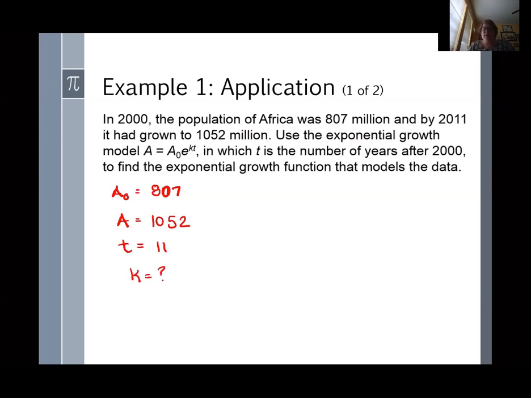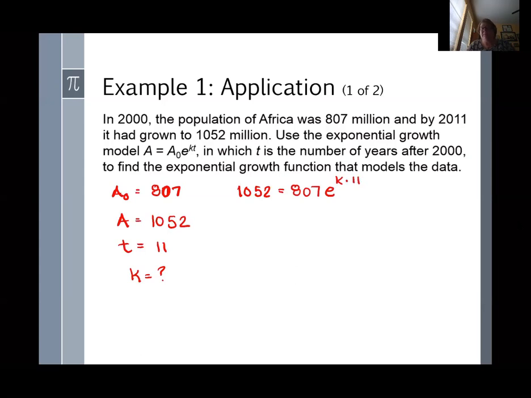So what we don't know is k. But I can substitute A sub 0, A, and t into my exponential growth model, and I can determine the growth constant, k. So let's do that. So we have 1052 equals A sub 0, 807, e to the k, which I don't know, times t, which is 11.